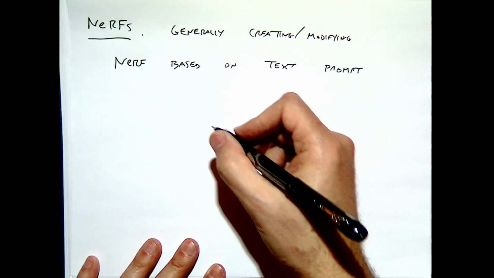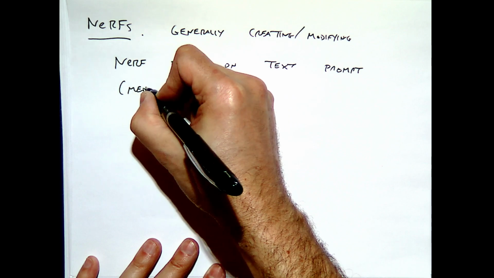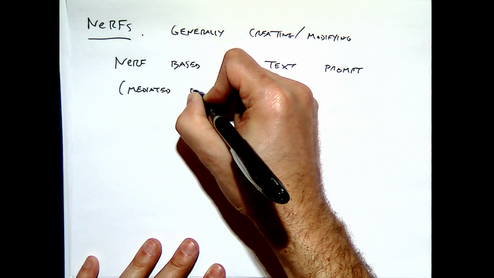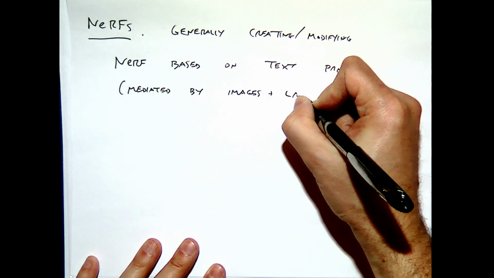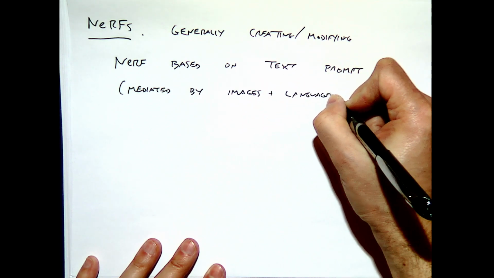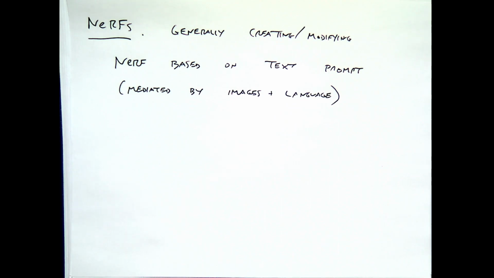And again, it's mediated by images and language. Same kind of idea. What we're trying to do is make a NeRF such that projections of the NeRF are consistent with the CLIP image descriptor and with the text descriptor.